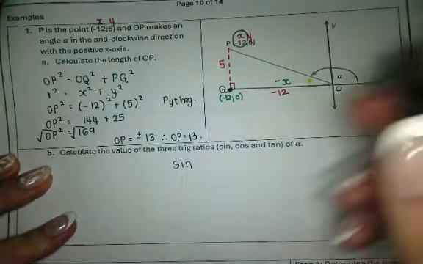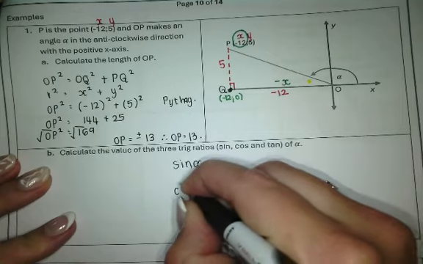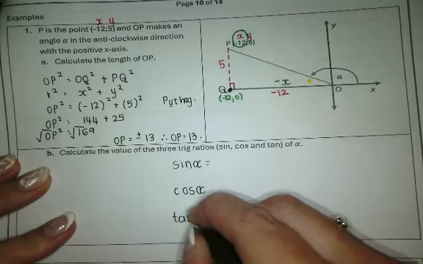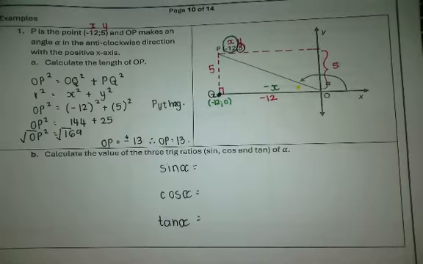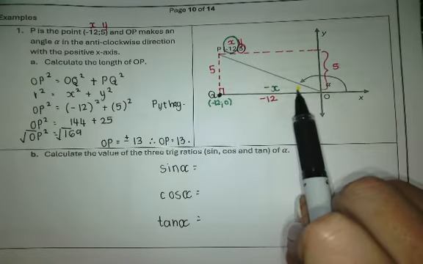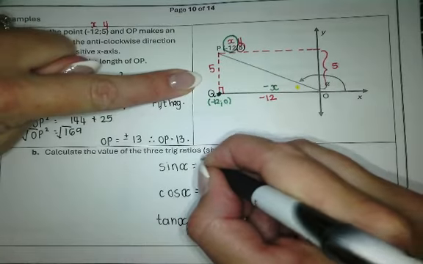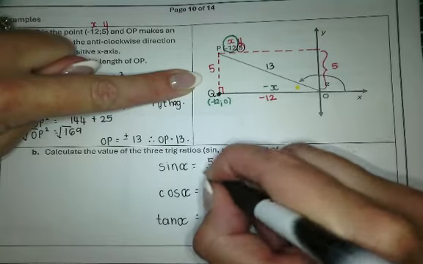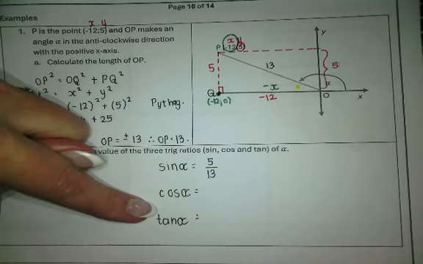Let's write down the three ratios for sin, cos, and tan. Sin alpha, cos alpha, tan alpha. Sin is opposite over hypotenuse: opposite 5, hypotenuse 13.